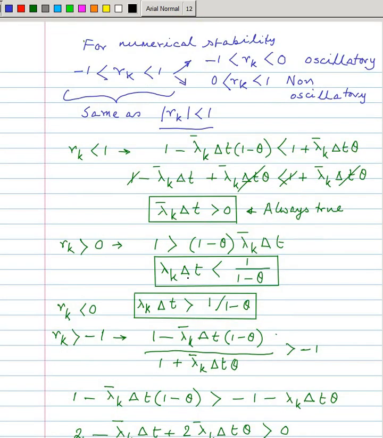And for that we get lambda_k bar delta t less than 1 by 1 minus theta, and for R_k less than 0, lambda_k bar delta t has to be greater than 1 by 1 minus theta.